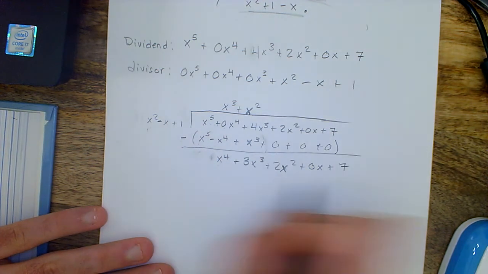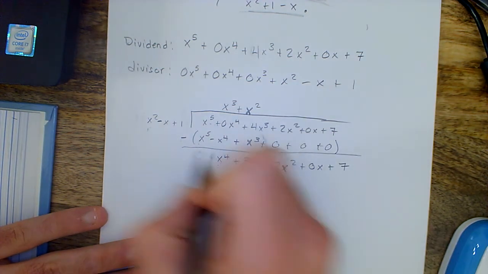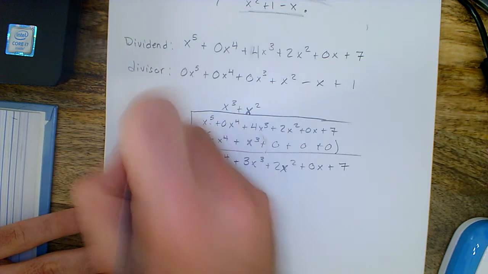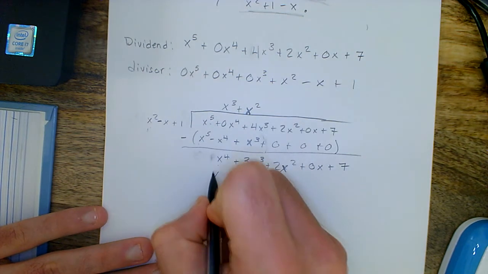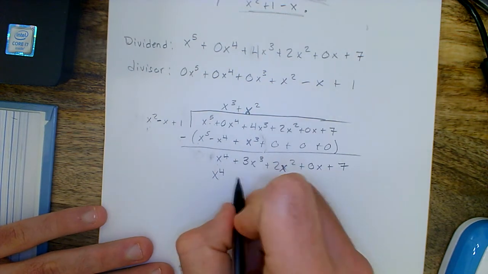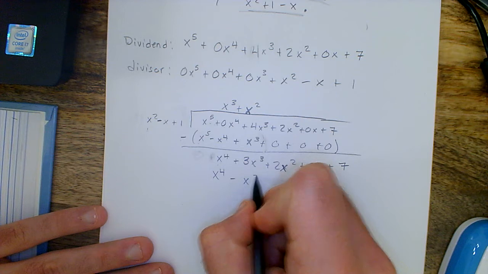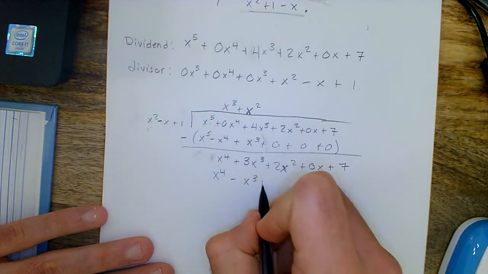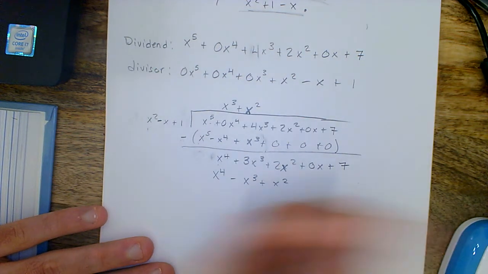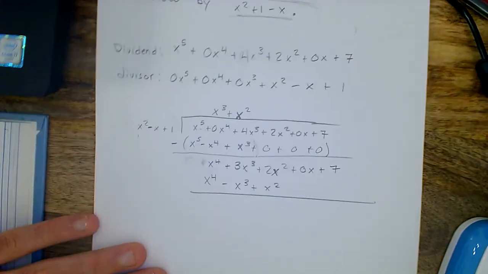So I again write down on the bottom line what I want to subtract, which is multiplying this polynomial by x squared. So I get x to the fourth, and then minus x cubed, and then plus x squared.